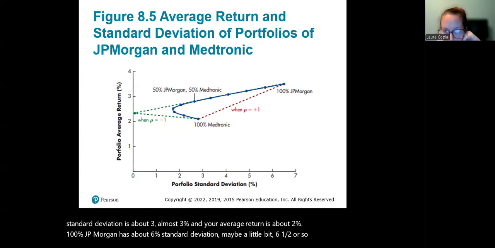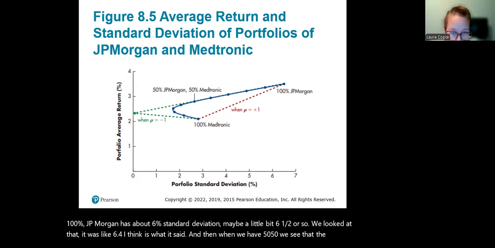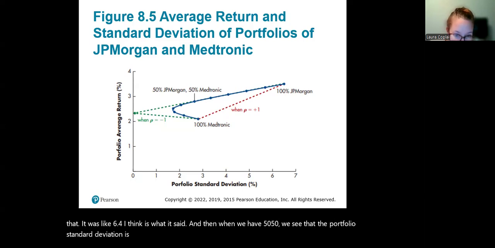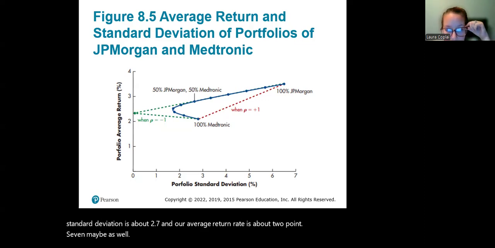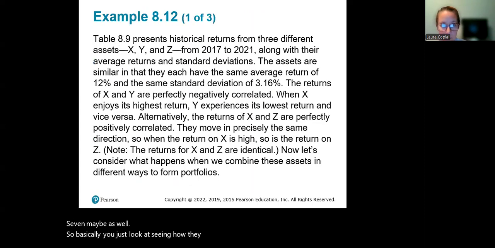We looked at that, it was like 6.4, I think is what it said. And when we have 50-50, the portfolio standard deviation is about 2.7, and our average return rate is about 2.7 maybe as well. So basically, you just look at how they correlate together.